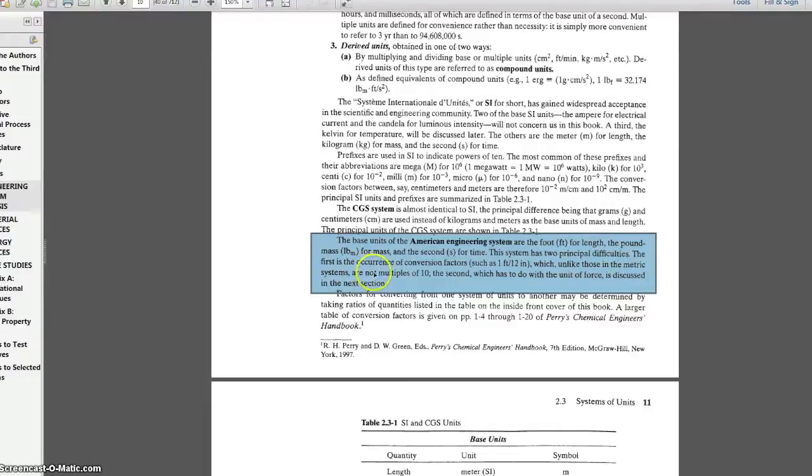The first is the occurrence of weird conversion factors, such as 12 inches equal to 1 foot, which unlike those in the metric system is not a multiple of 10, such as 10 millimeters equal to 1 centimeter, 100 centimeters equal to 1 meter, and 1,000 meters equal to 1 kilometer. So that's weird.